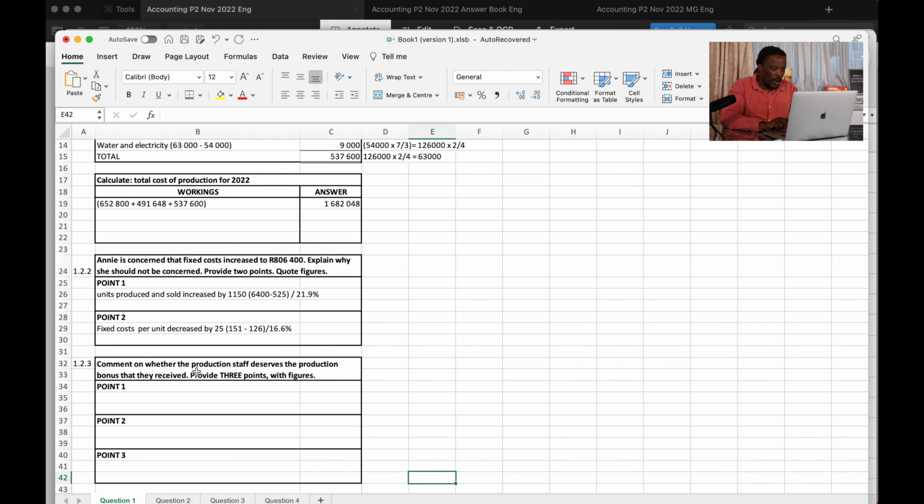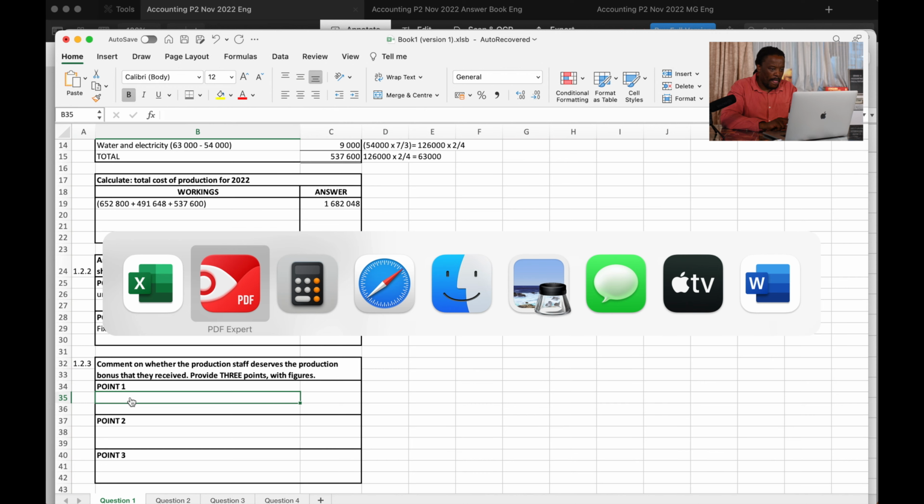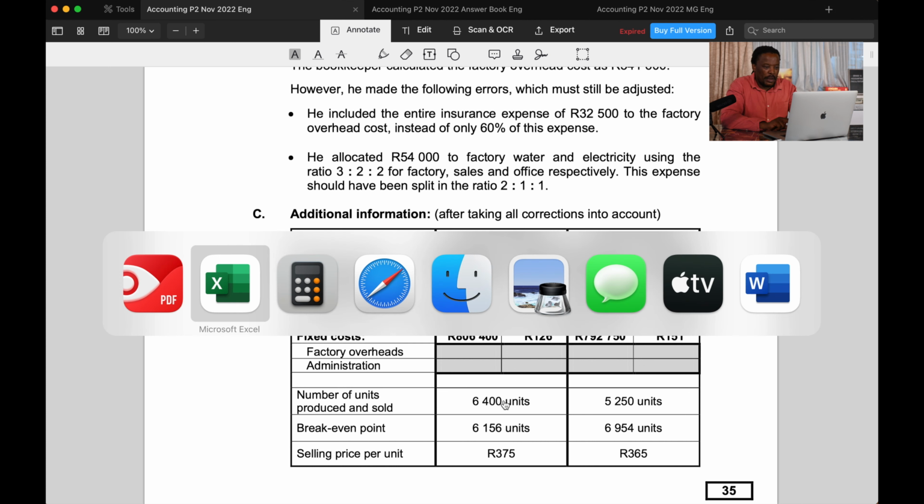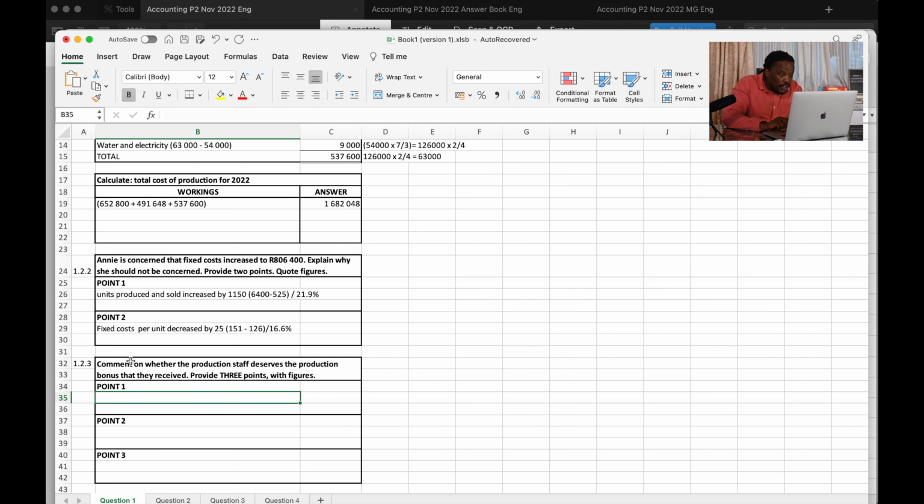Now, let's start with, because now this question is comment on whether the production staff deserves. Point 1, let's look at if the production staff deserves. We look at, let's start with the number of units produced, because this same point that you used here is also the point that you can use here, produced and sold. You see, it increased.